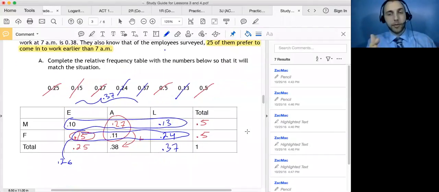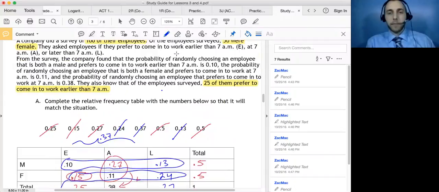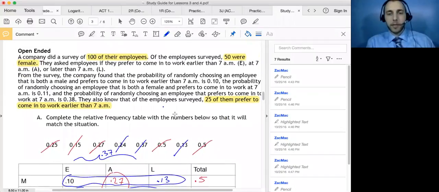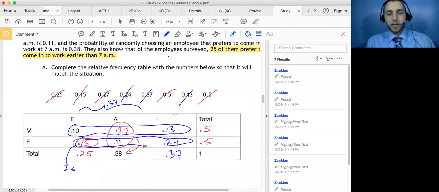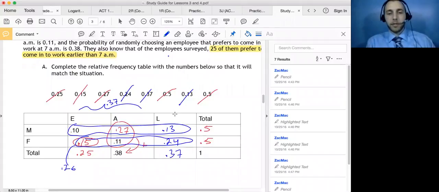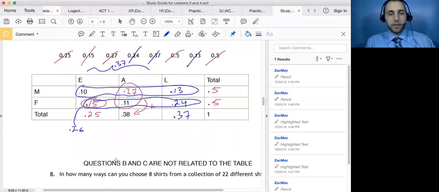So please make sure you can repeat this process with different numbers on the test using all the knowledge that you get from the table, this first bit and this last bit, and your logic of how probabilities need to work. You have to have certain things adding up to other numbers in here. The ones that are labeled as total need to be the sum of the things being considered in these categories.